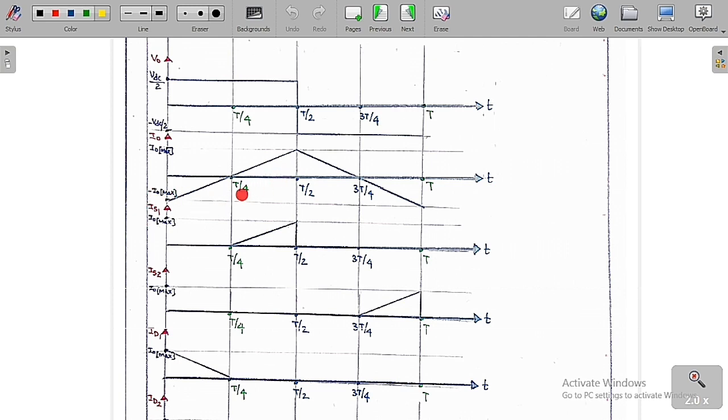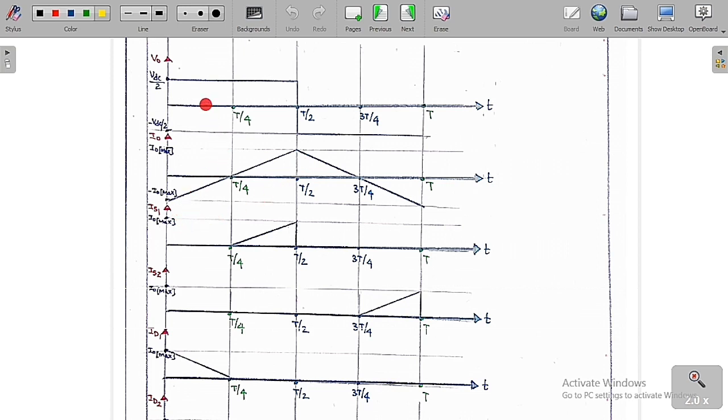It is going to lag the supply voltage by 90 degrees or simply T by 4. So this is T by 4, T by 2, 3T by 4 and T. It is going to lag the input voltage by pi by 2. This is the maximum value of the output current, plus I naught max and minus I naught max.